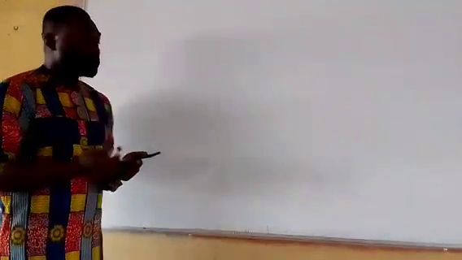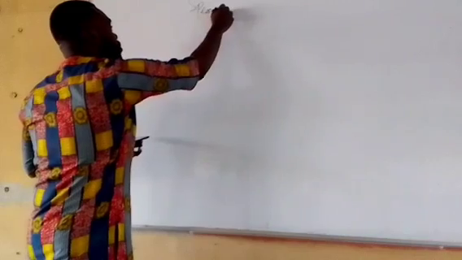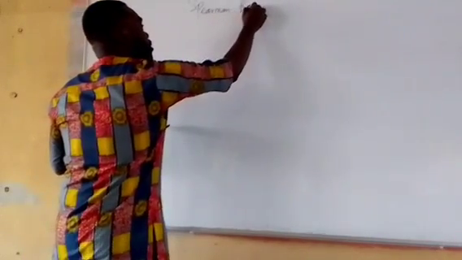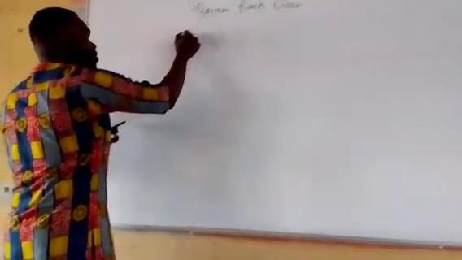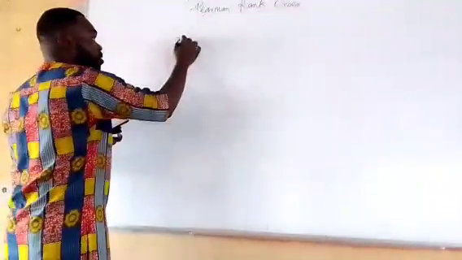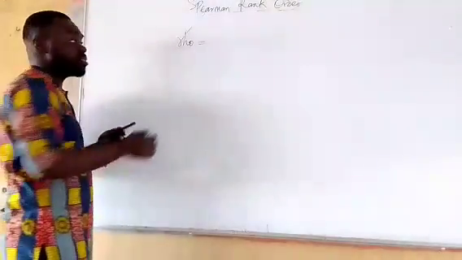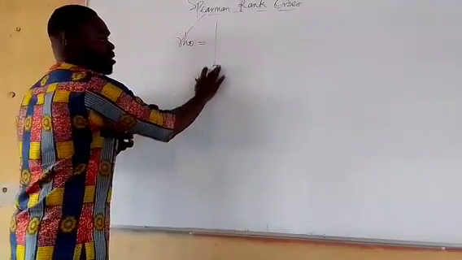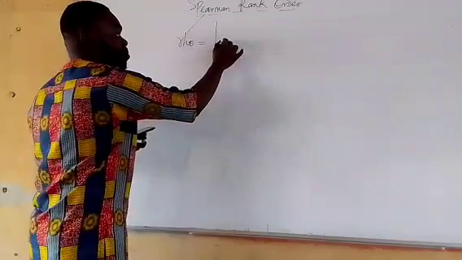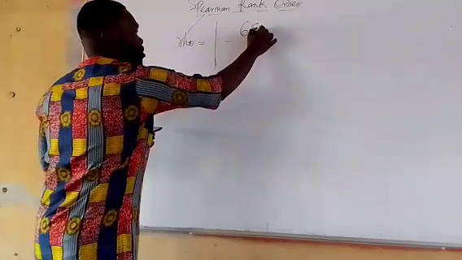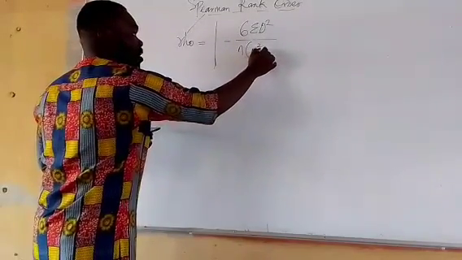So for the Spearman rank order approach, the formula is represented as rho, and it is written thus: 1 minus 6 summation d squared, all over n open bracket n squared minus 1.